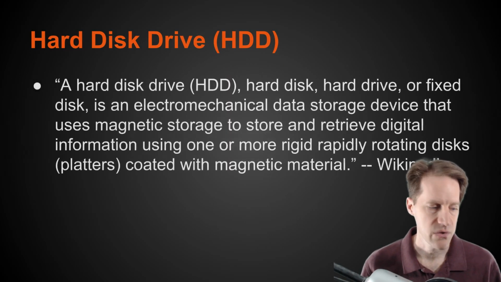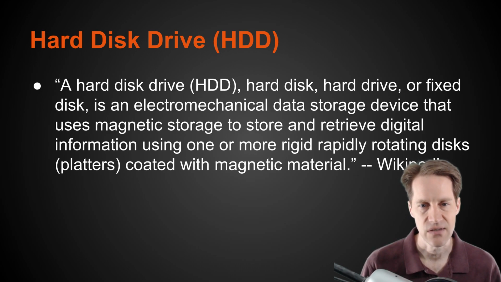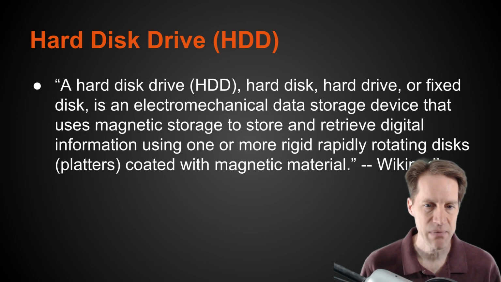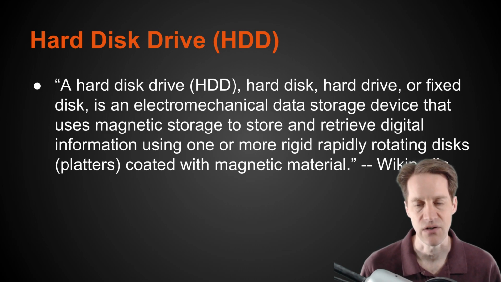Okay, starting with a hard disk drive, I just grabbed a definition from Wikipedia, and it says a hard disk drive, otherwise known as a hard disk, a hard drive, or a fixed disk, is an electromechanical data storage device that uses magnetic storage to store and retrieve digital information using one or more rigid, rapidly rotating disks, or platters, coated with magnetic material. So basically, it's a physical reading of the disk that's done.